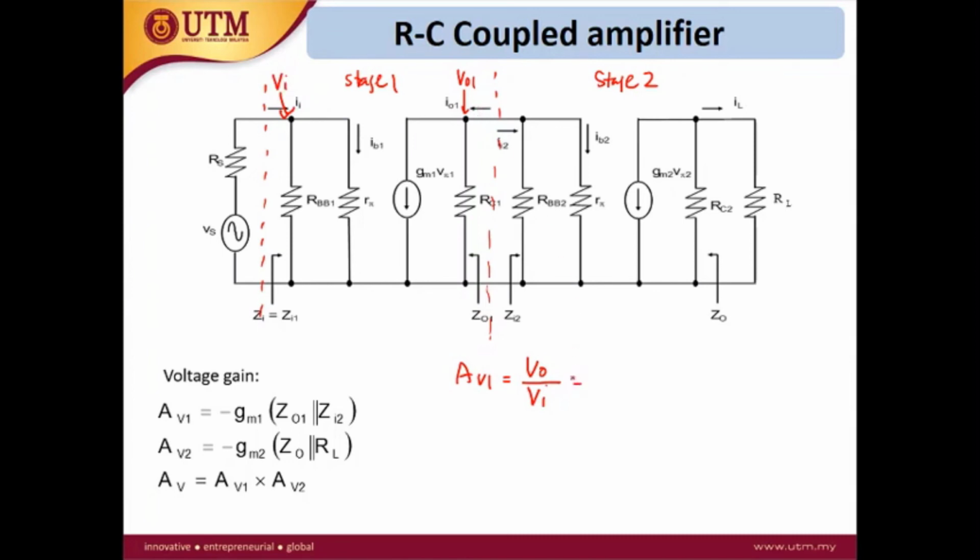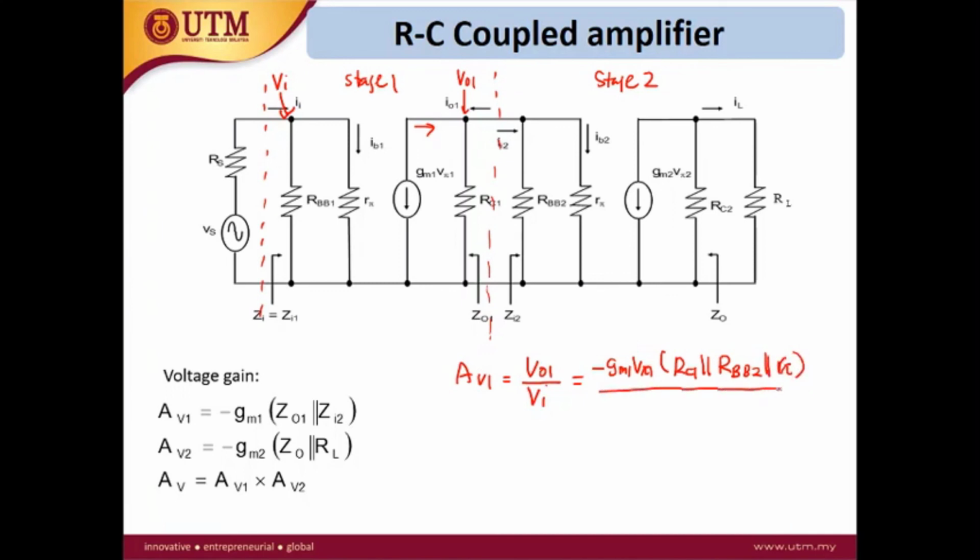So what is V out 1? V out 1 is the voltage at this point. You know the current here is negative gm1 V pi 1. So this is negative gm1 V pi 1 times all the resistors here combined. This is RC1 parallel with RBB2 parallel with R pi.